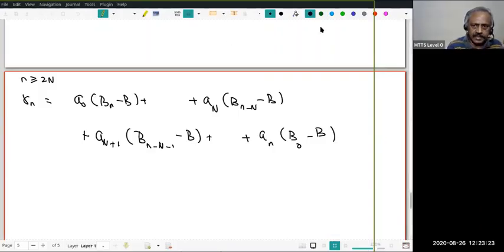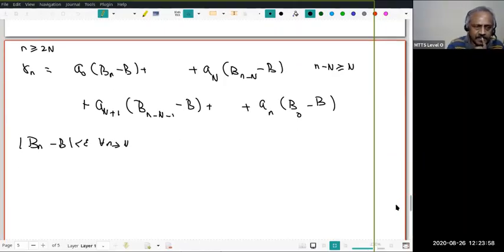I'm just trying to write it in terms of these terms. Now, since n is greater than or equal to capital N, let's look at the first capital N terms. Do I know how to estimate them? Remember, n minus k will be greater than or equal to capital N, therefore I know the bracketed b terms can be estimated. Suppose mod bn minus b is less than epsilon for all n greater than or equal to capital N. Then can I estimate the first N terms?